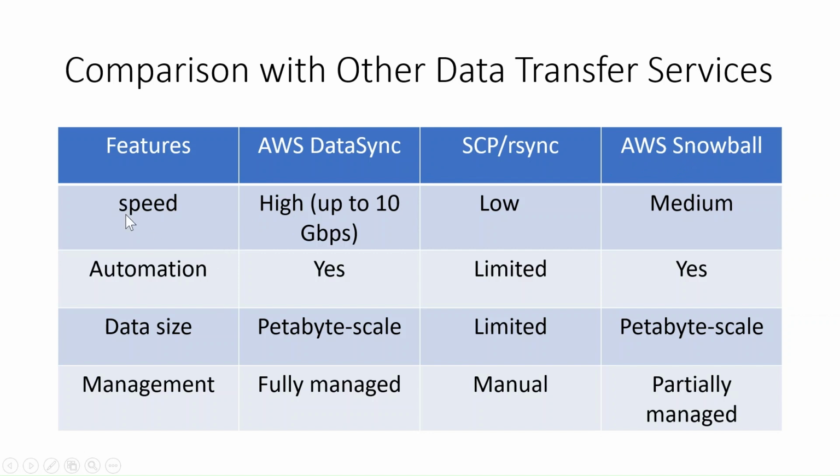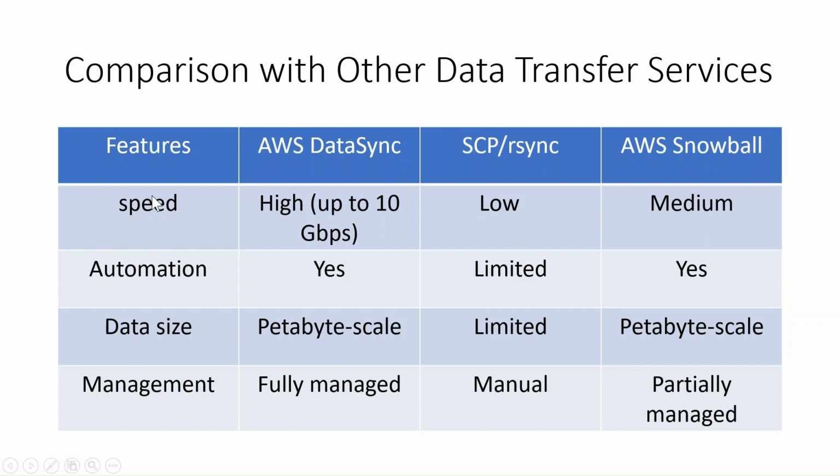In terms of speed, DataSync can transfer data at high speed, up to 10 GB per second. But SCP or rsync transfers data at a low speed, and AWS Snowball can transfer data at medium speed.